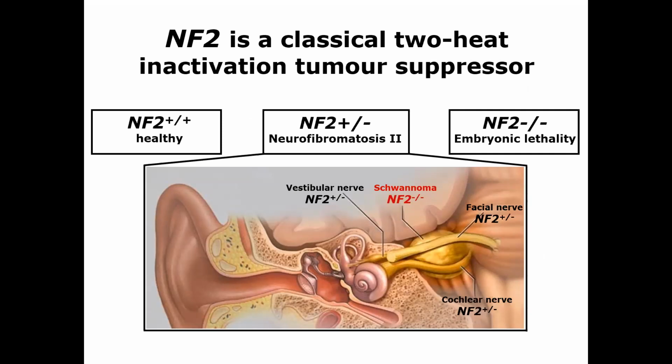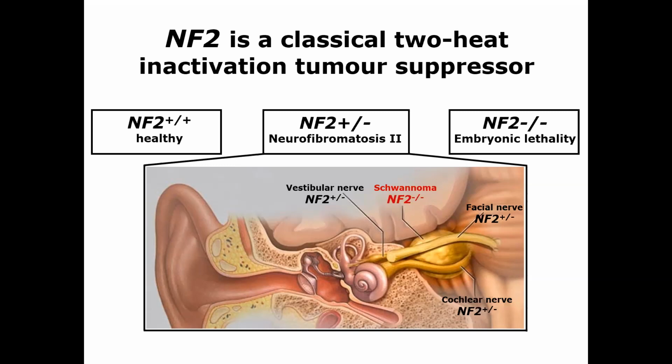Normally, healthy people are NF2 homozygously positive. NF2 negative homozygotes die early in embryonic development. And NF2 patients are heterozygous.